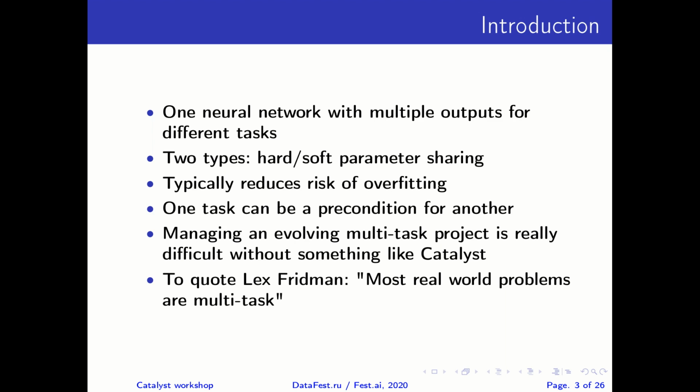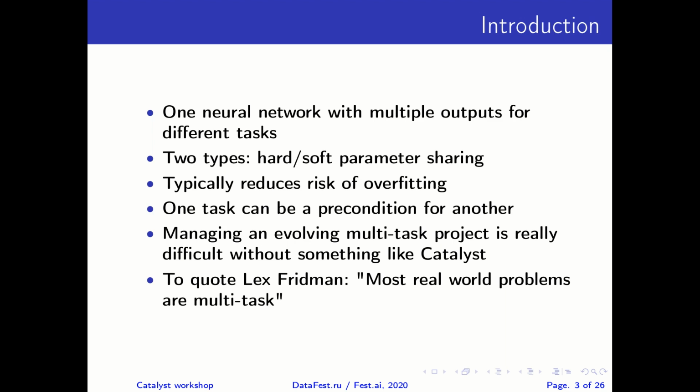But there are complex relationships. There are papers which show that sometimes some tasks actually interfere with the learning for other tasks. So this is not 100% true, but typically it does reduce the risk of overfitting.